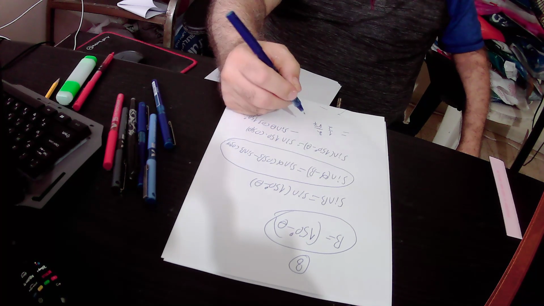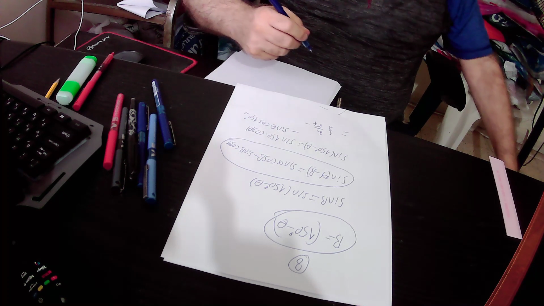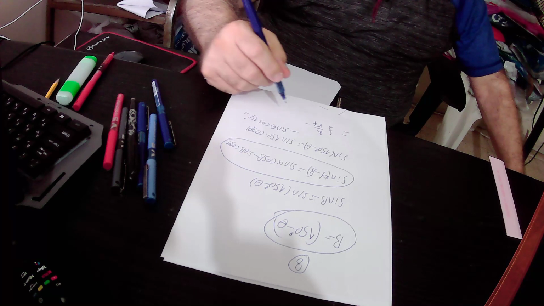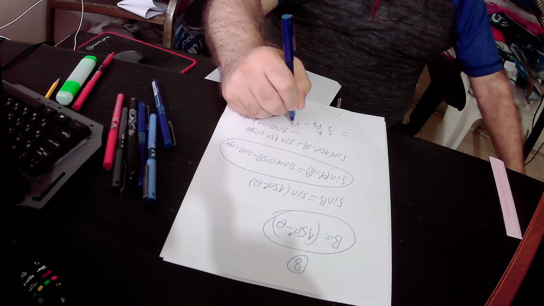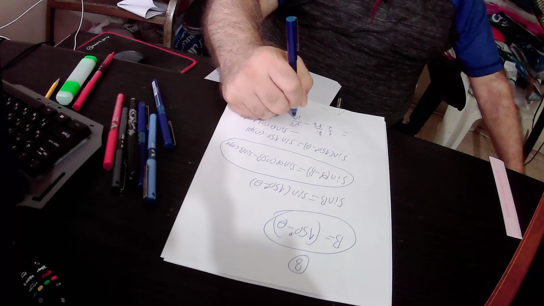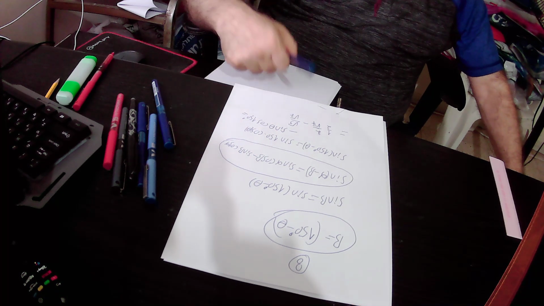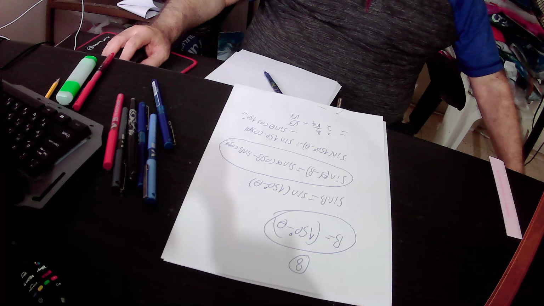Okay, so minus sine theta, we have already found out that the value of sine theta is root 3 over root 7, all multiplied by cosine 150 degrees.